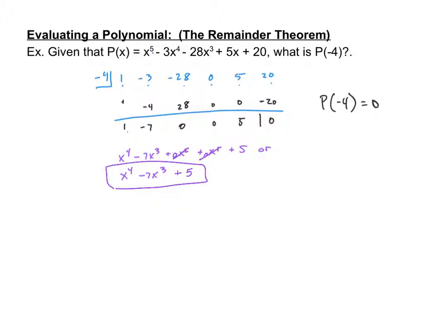So there you have it. Remainder theorem: whatever my remainder is would be the output. So if you put negative 4 into that function, your output is going to be 0, and that is the resulting factor.